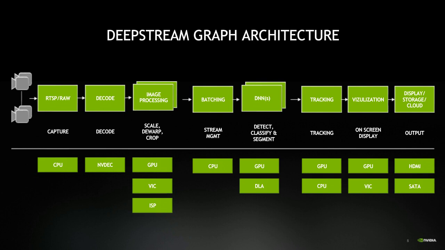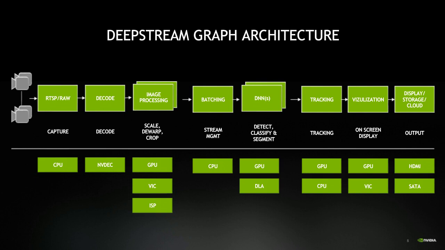After decoding the frame, there might be some pre-processing that needs to happen. This could be image conversion, image scaling, cropping, or if the stream is from a 360-degree camera, then you need to dewarp the image. There are various accelerators for this operation. The next operation is the inference, which performs object detection, classification, and segmentation.